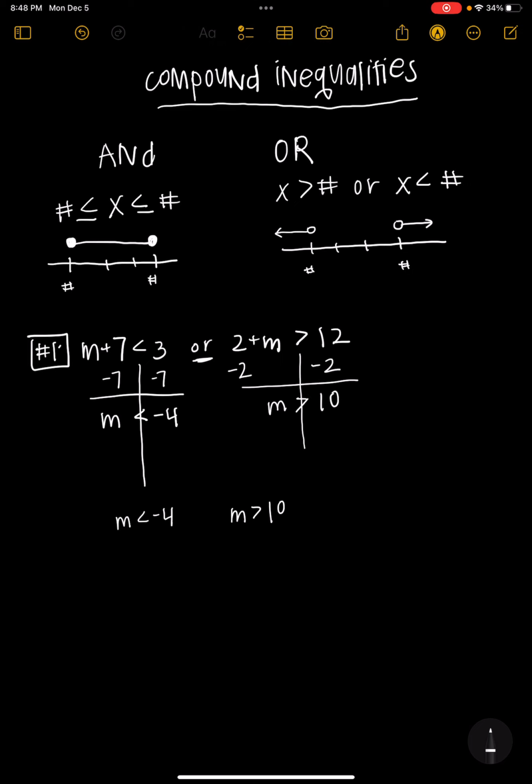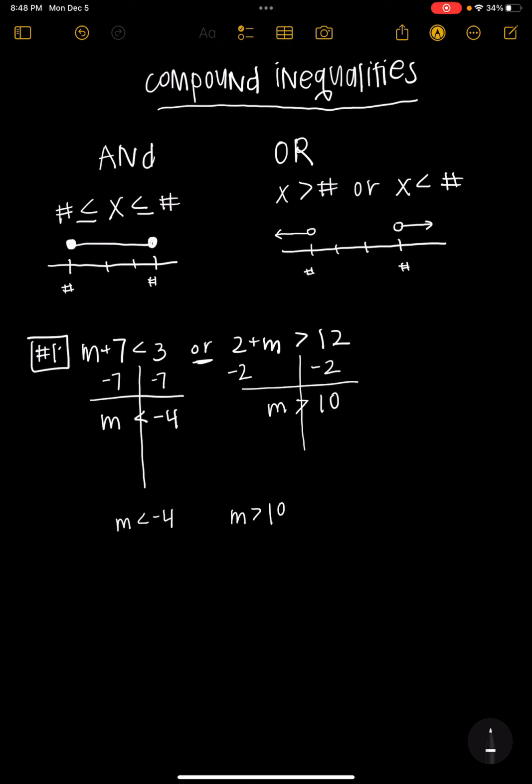Because I had the word "or" in between my original inequalities, I'm going to put the word "or" in between my answers. So these are my two solutions. And then when we graph it, we're going to find negative 4 on the number line, and we're going to find 10 on the number line, and put points on those.